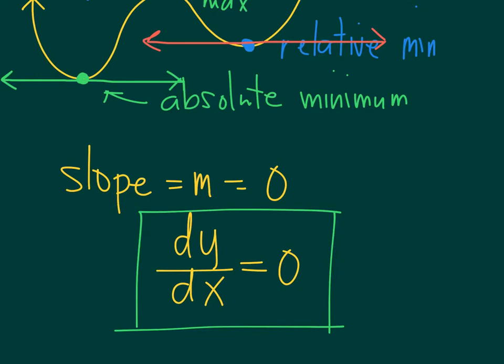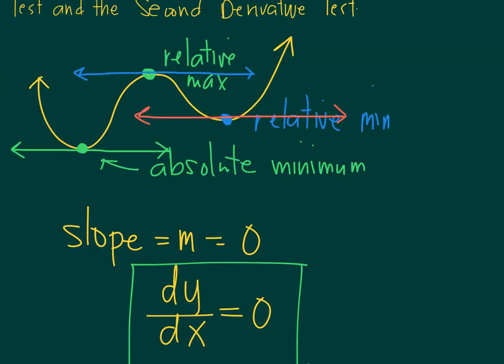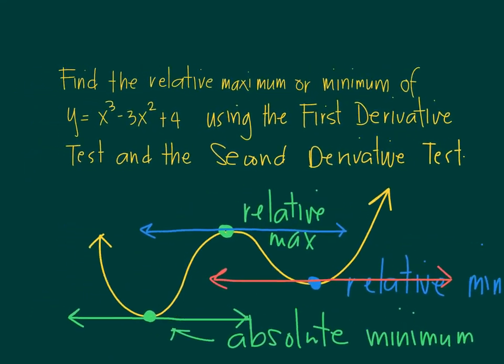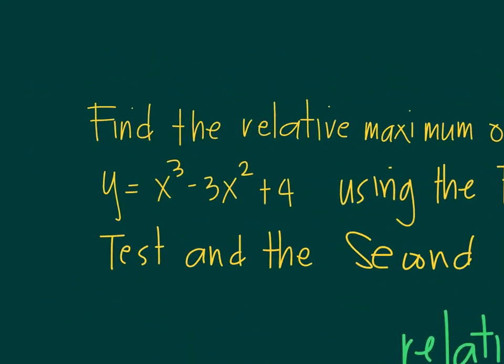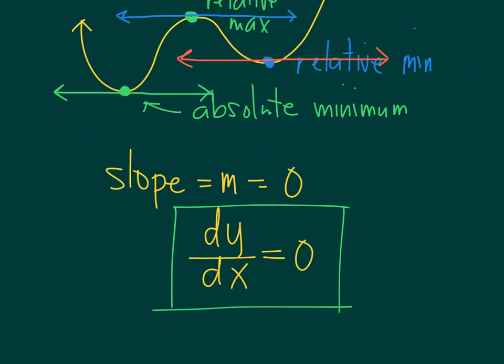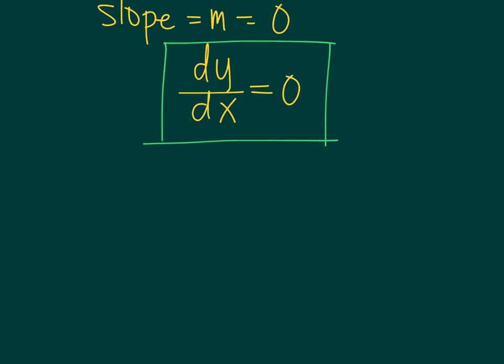Okay, so we were given a specific curve or function, and that is y equals x cubed minus 3x squared plus 4.